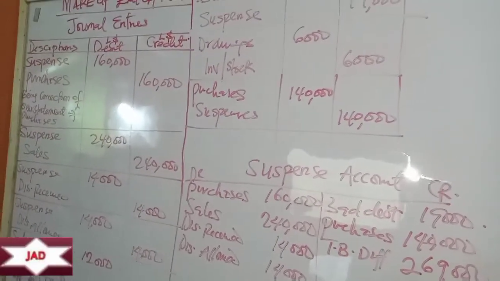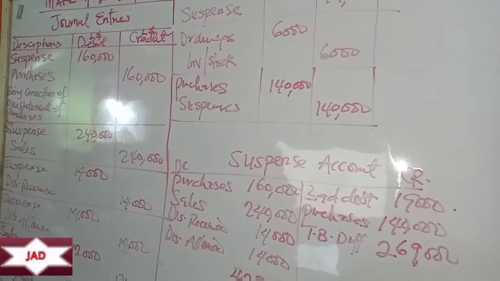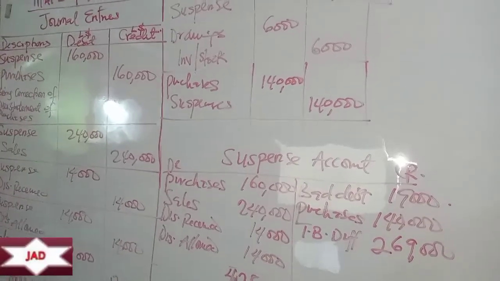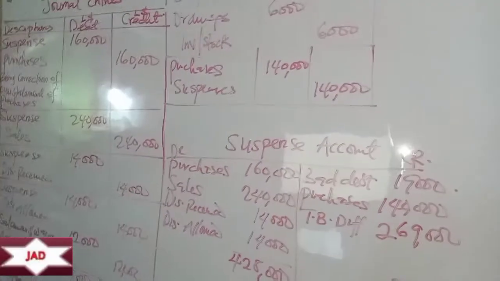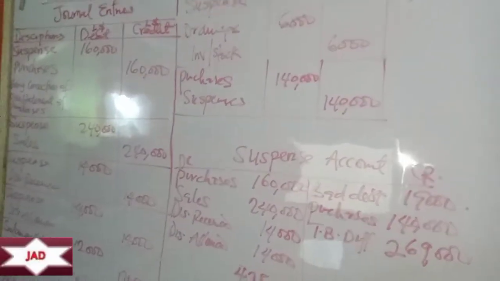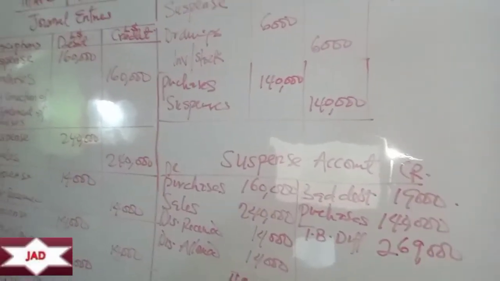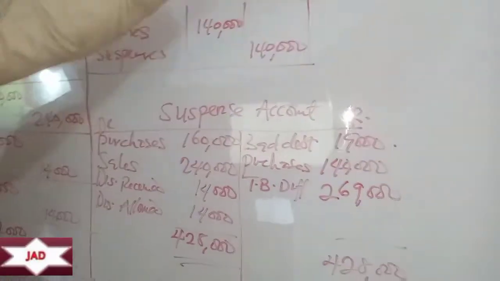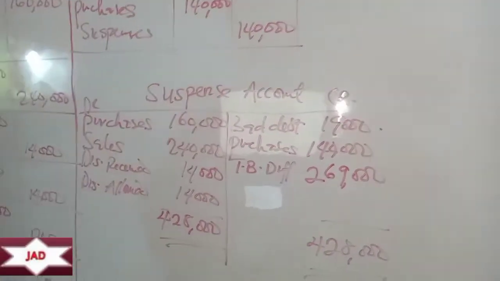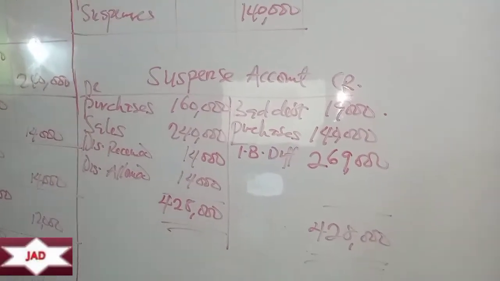But that's before the investigation to review the errors. So now that we have reviewed the errors, raised the journals, and prepared the suspense account, we need to prepare a revised statement of profit. So what do we do?